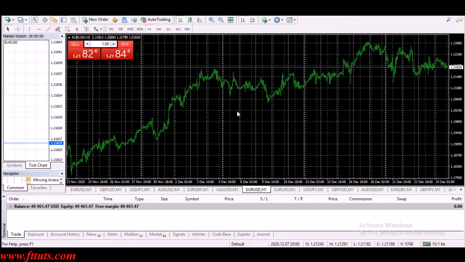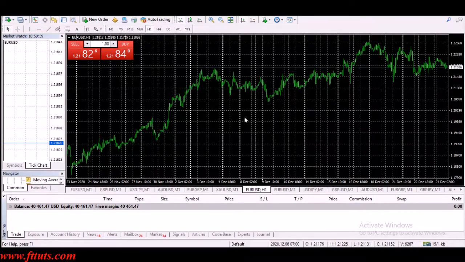When you open an account with your broker, ask that you want to trade on MetaTrader 4 and it will be available for you. And also you can download it from their website. If you just search for their website on Google, you will be able to download their platform MT4. It's one of the oldest and the most popular and the best.